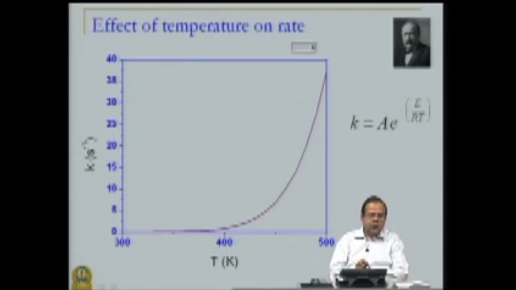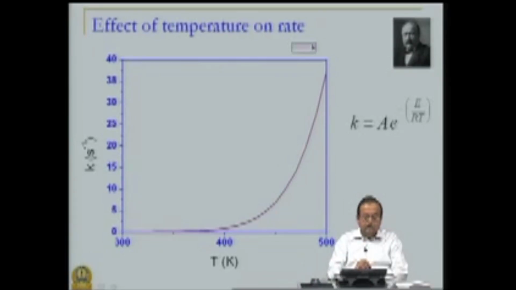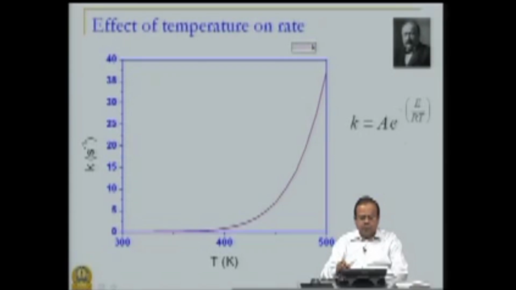What we are seeing here is the rate constant on the y axis as a function of temperature, and the rate constant increases as temperature is increased, and in fact the increase is exponential in nature.